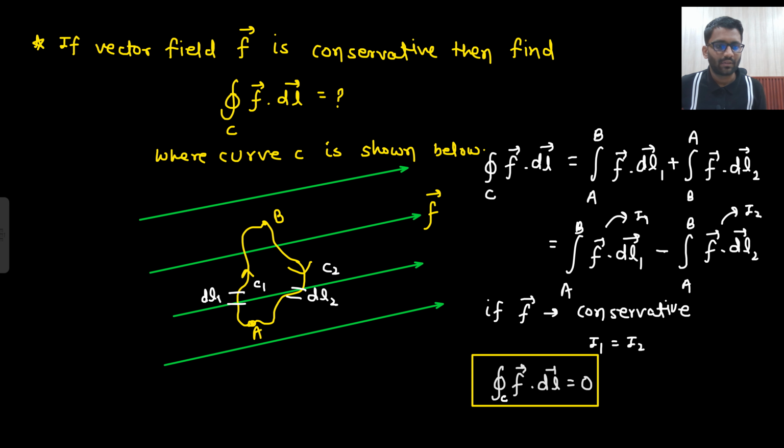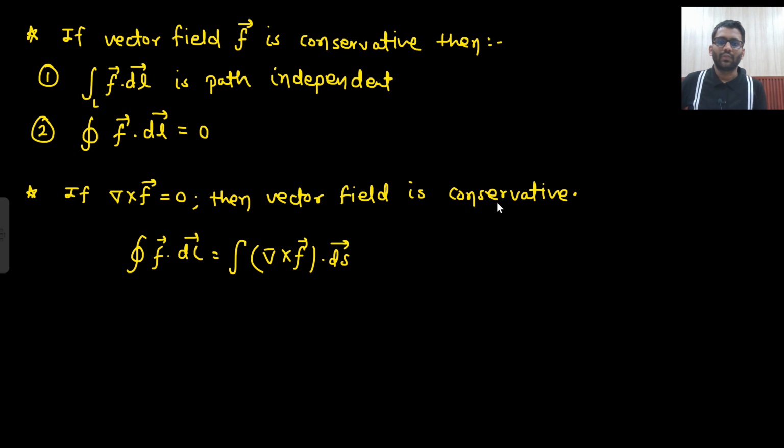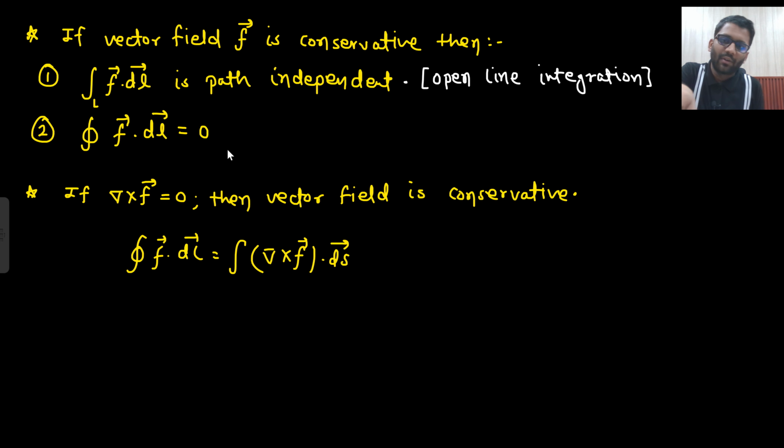So if vector field F is conservative, then open line integration is path independent, and your closed line integration is 0.